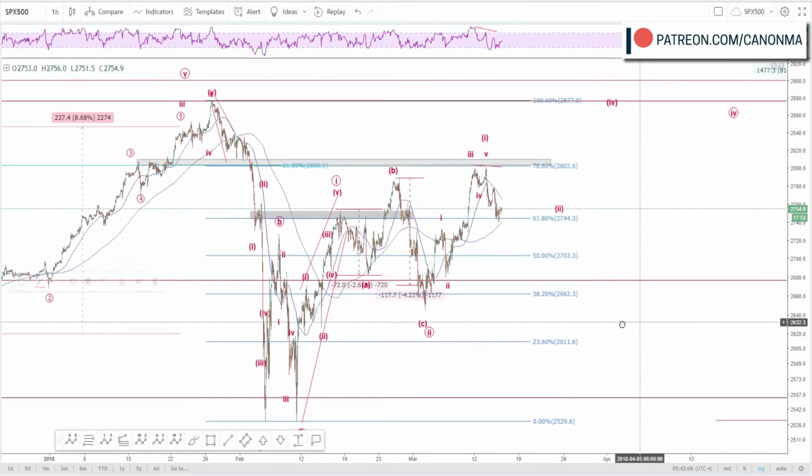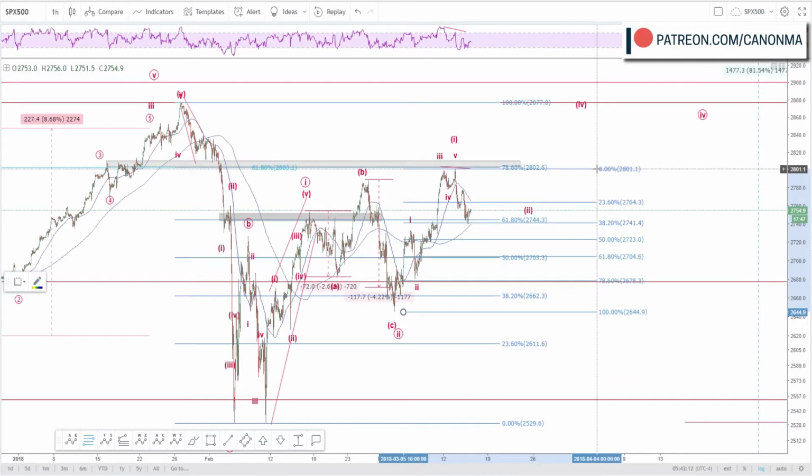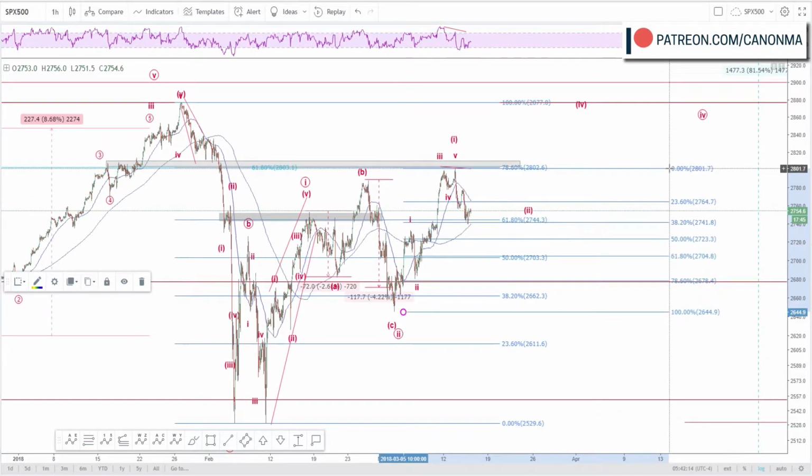The other thing too that I would look at is just a fib retracement of this entire wave pattern as well, and we'll pull this all the way over here in blue so we can see where these are at. A break below 2704, so let's call it 2700, round it to the closest whole number there.